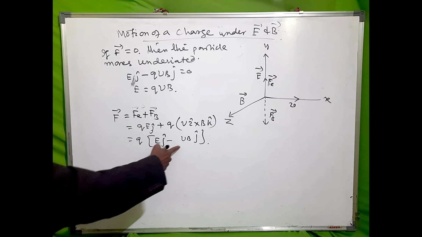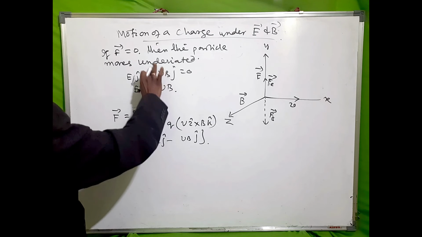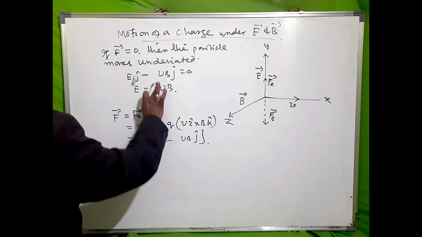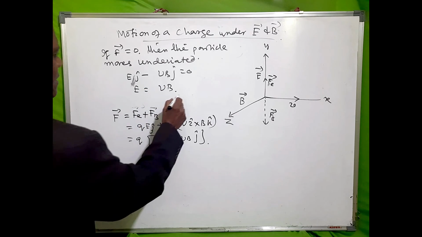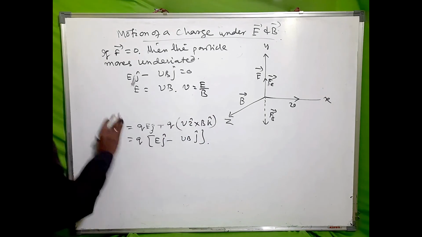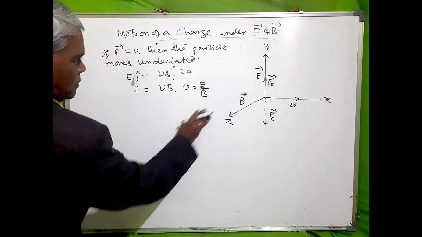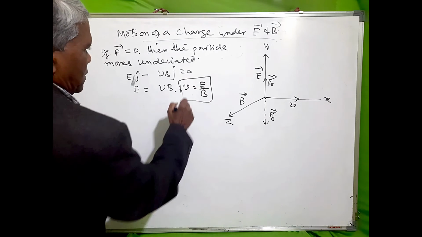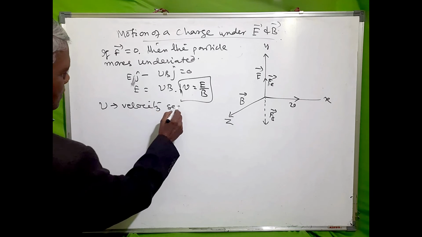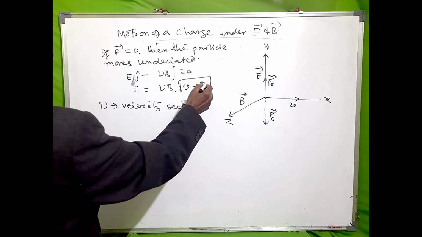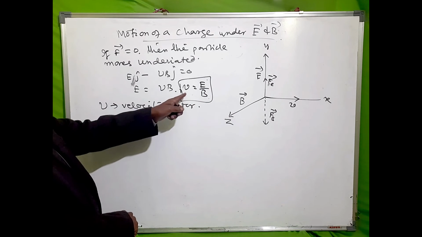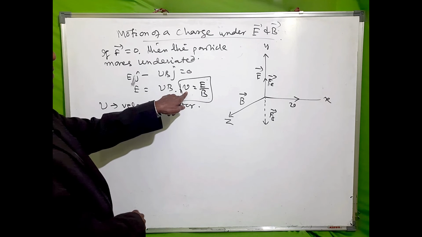So Q into E j minus VB j is 0, or E j cap minus VB j cap is 0, or E is equal to VB, or V is equal to E by B. This V is known as velocity selector. That is, for a certain value of E and B, the particle moving with velocity V will leave undeviated.